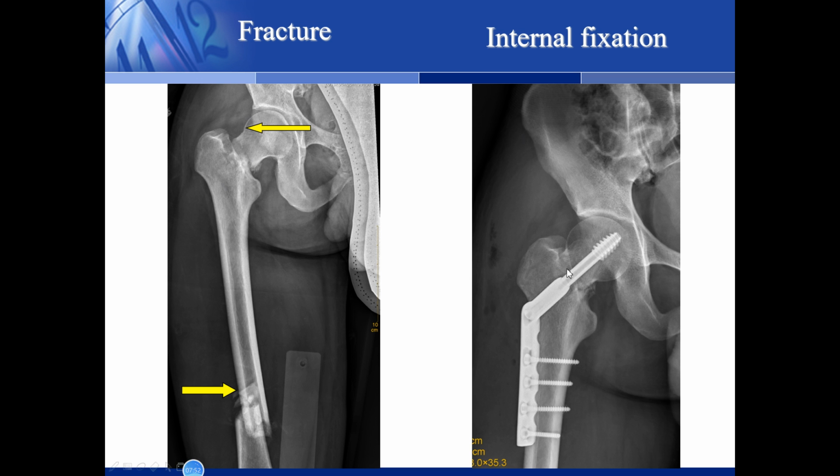And this view is after internal fixation of the fracture of the femoral neck. Also, we could find the comminuted fracture in the distal part of the femur, and the fragments of the fracture are displaced.